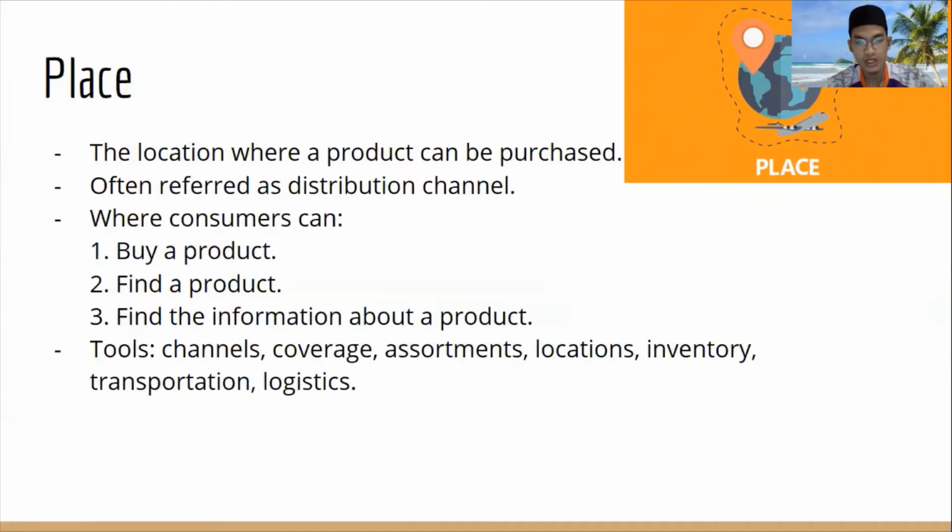The next one is assortment. Assortment is the different types of products that a business makes or a retailer offers for sale. Location, inventory.